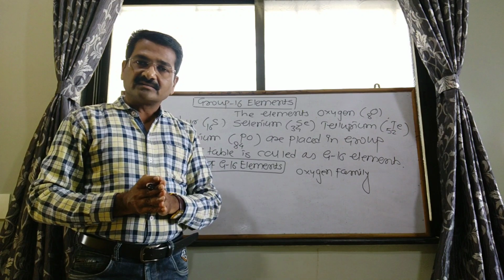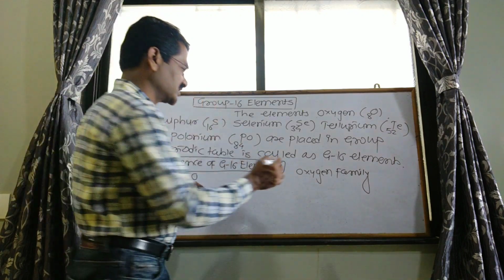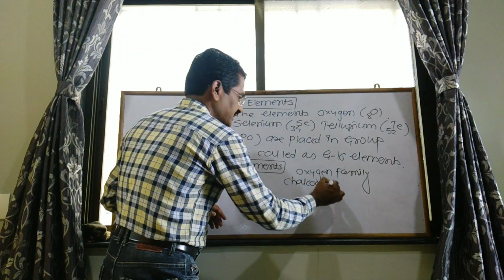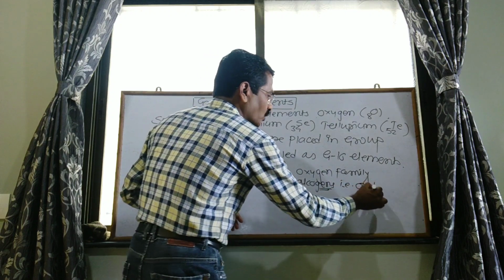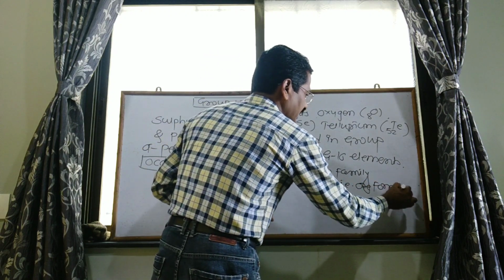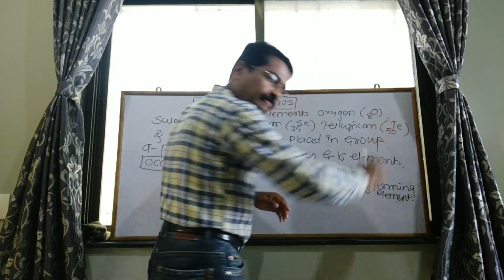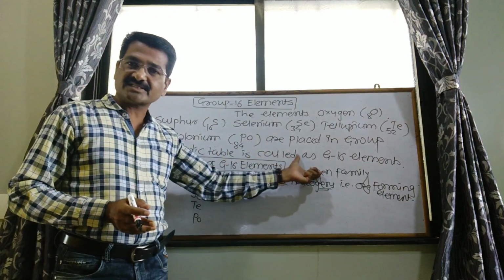Otherwise, the group 16 elements are also called chalcogens, that is, ore forming elements. Group 16 elements are the oxygen family elements.